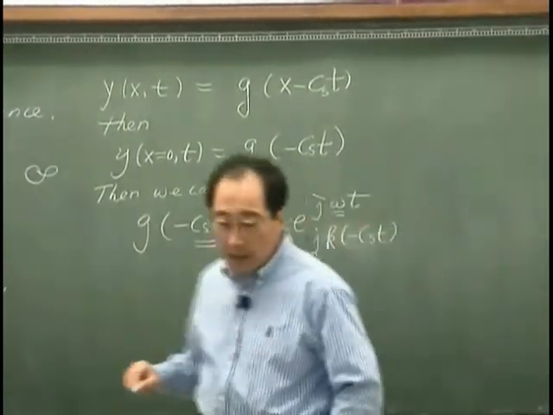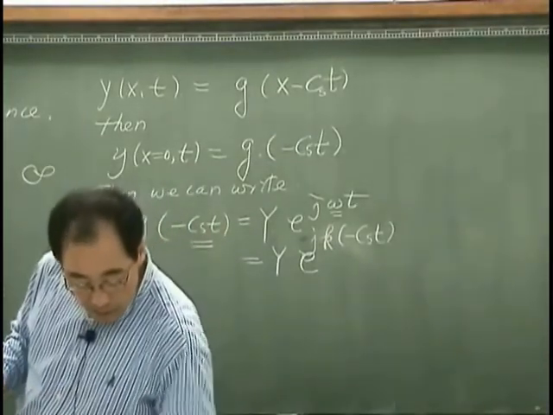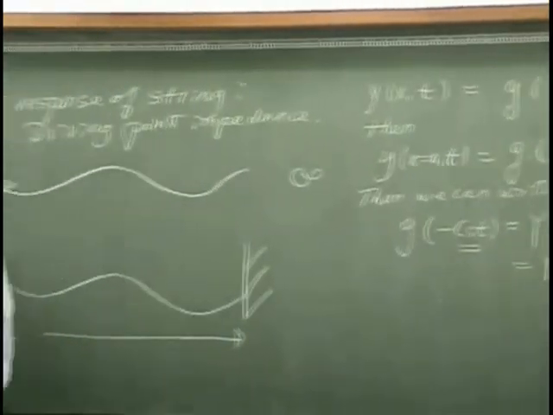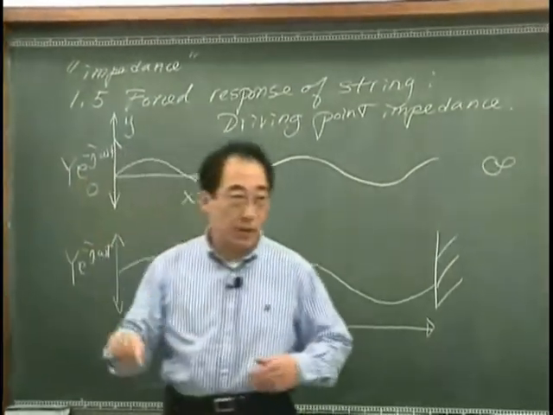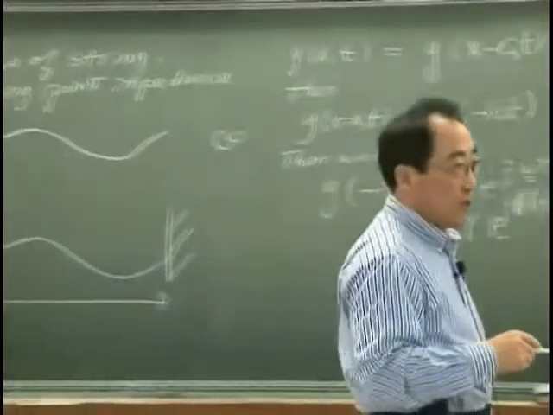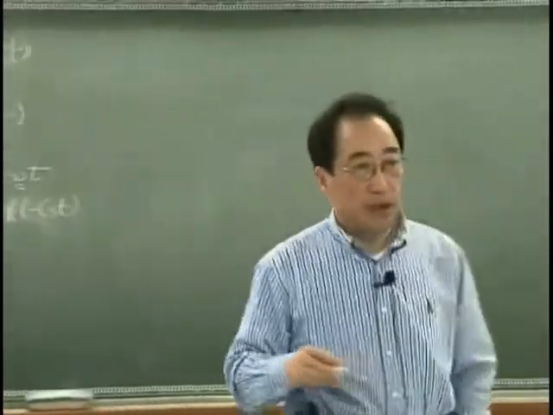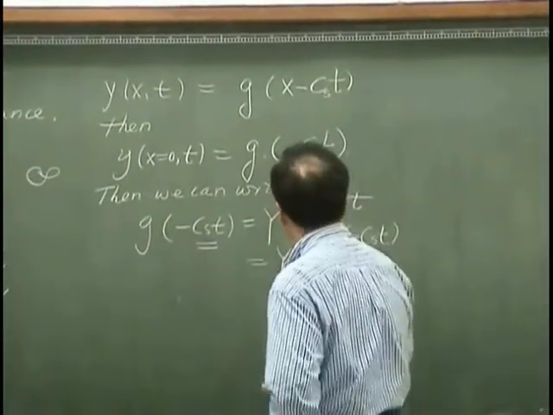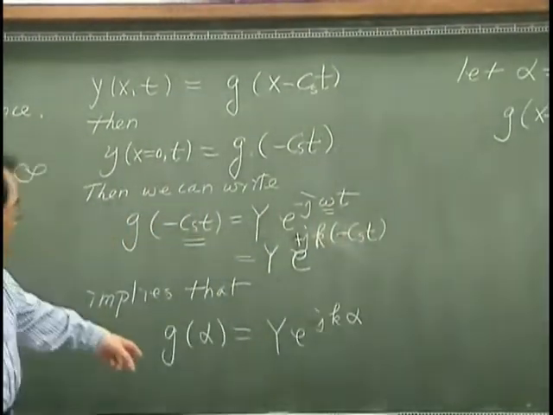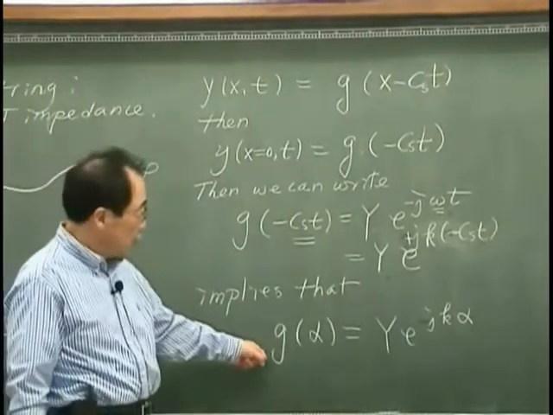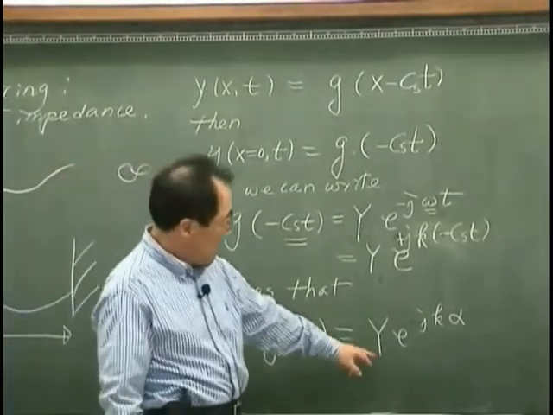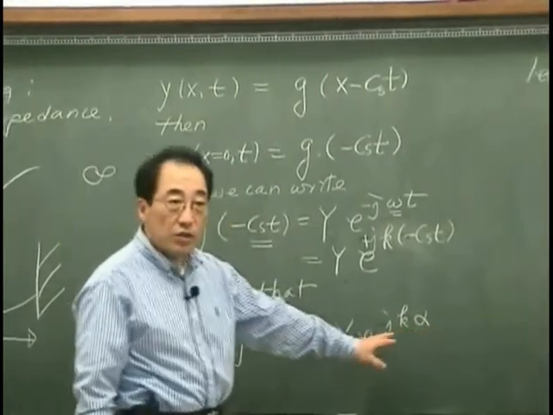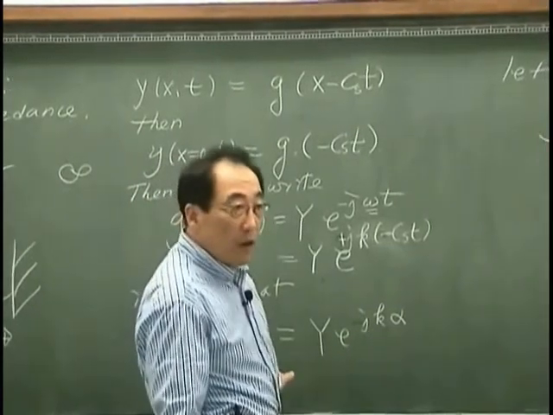Okay, did I? Sorry, I'd like to put the minus over here. I will explain later what the difference is between minus j omega t and plus j omega t, but I want to put minus over there. Then this has to be minus. So we can assume over here g of alpha has to be equal to y exponential plus j k alpha, and this is simply the functional relation.